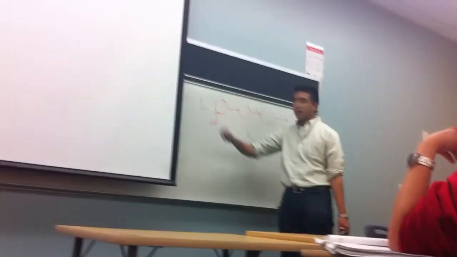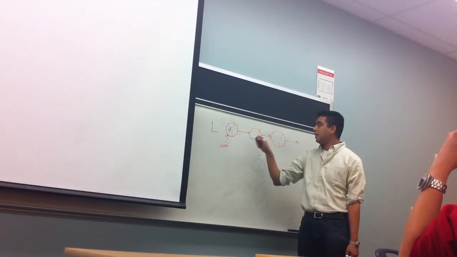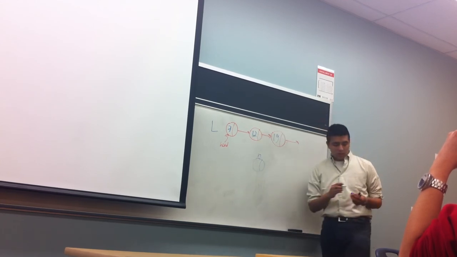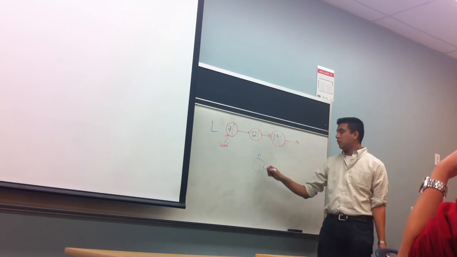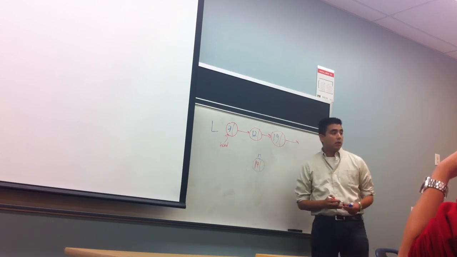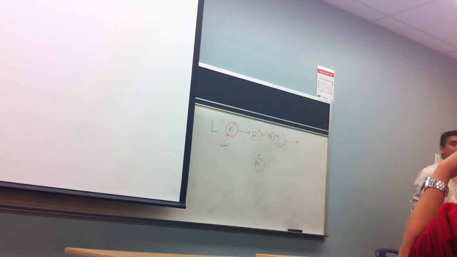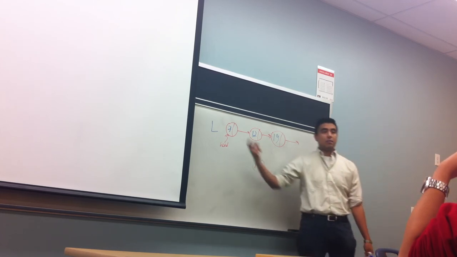Let's say this is my linked list L, and I have numbers here. Somebody tells me to insert a node, say 14, and I want that node to be inserted in a sorted manner. So I shouldn't put this guy at the end or at the beginning.